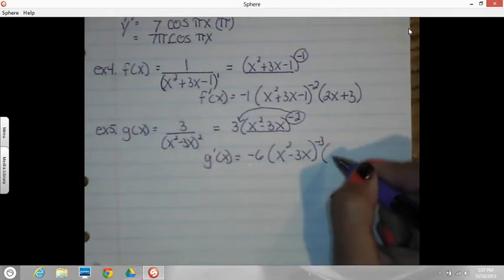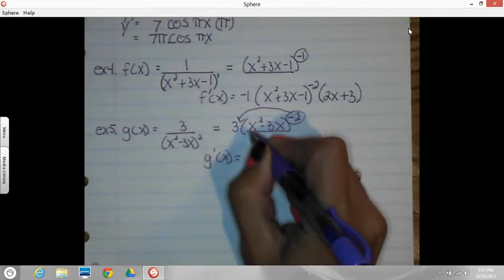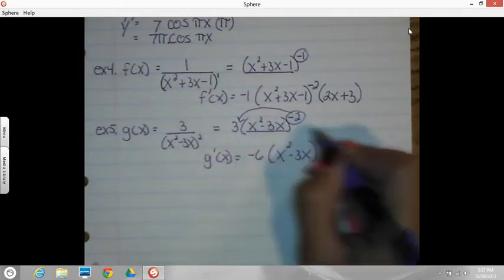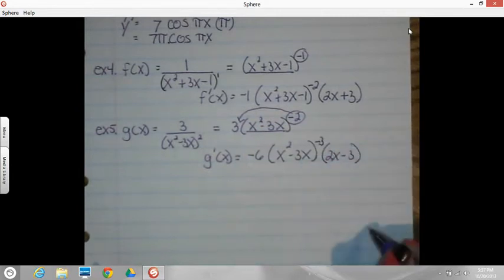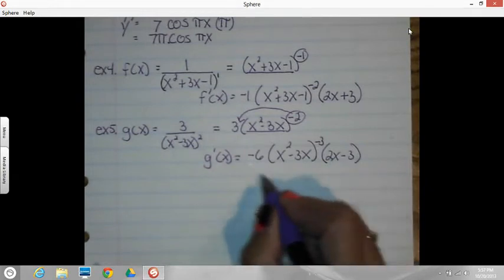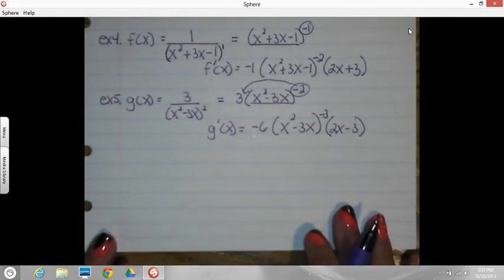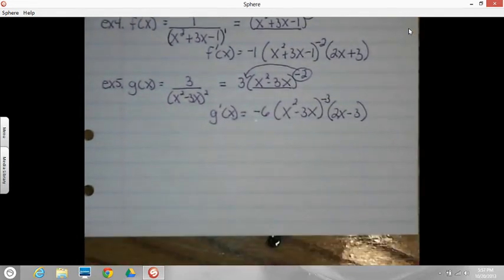Inside derivative here is 2x minus 3. And again, I could bring that to the front and distribute the negative 6 in, but I'm not sure we need to at this point.